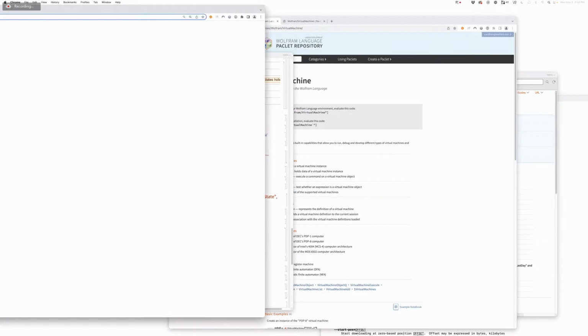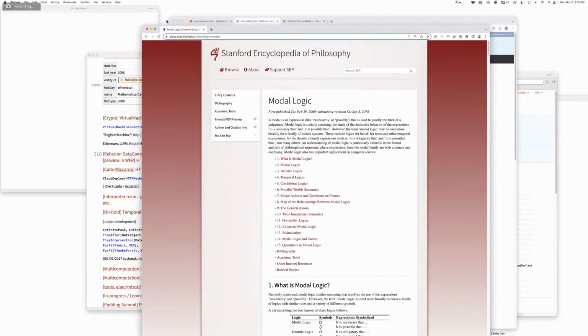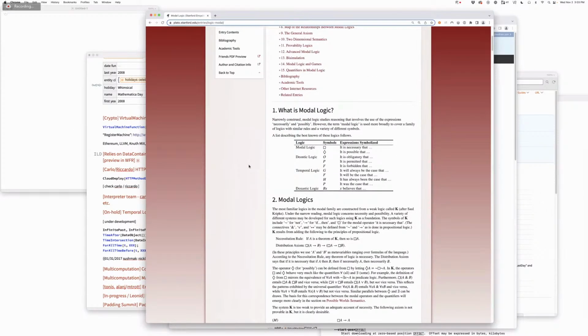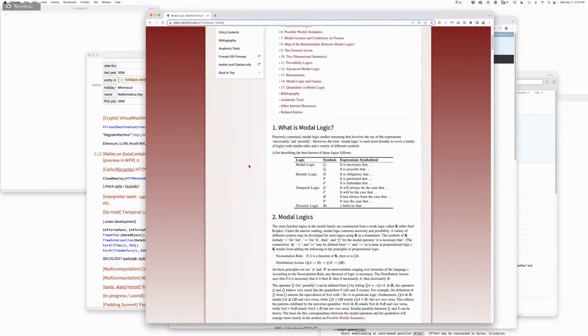Let's look at the Stanford Encyclopedia of Philosophy. All right. Those are interesting. That's an interesting table.